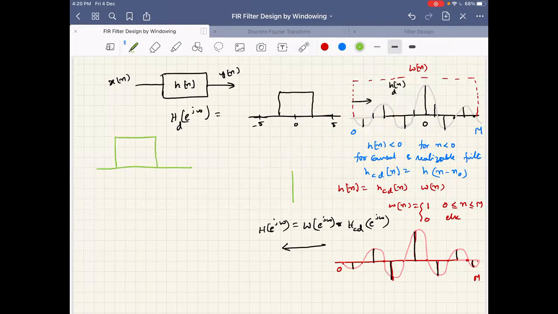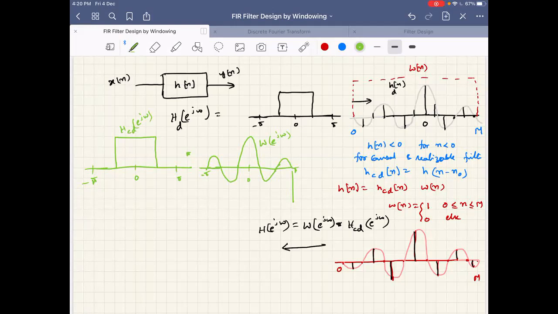You can see that this is the convolution of the ideal filter with the Fourier transform of the window function, which is also a sinc function because the window function we have taken here is a rectangular function. This is W of e power j omega, and this is Hd of e power j omega. We have here a phase term in Hd.